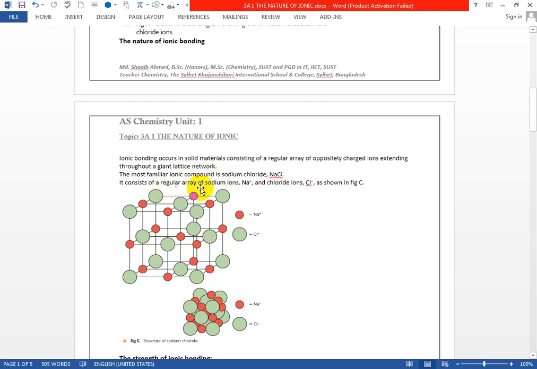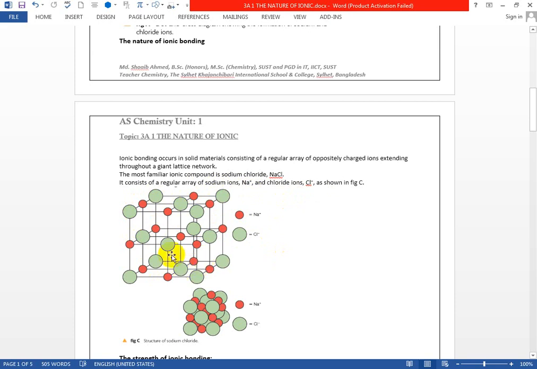This is a regular array of sodium ions and chloride ions as shown. This is one array of sodium and chloride, and this is another array.